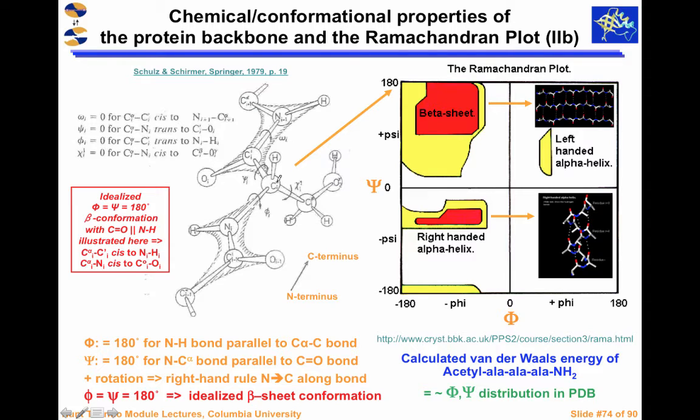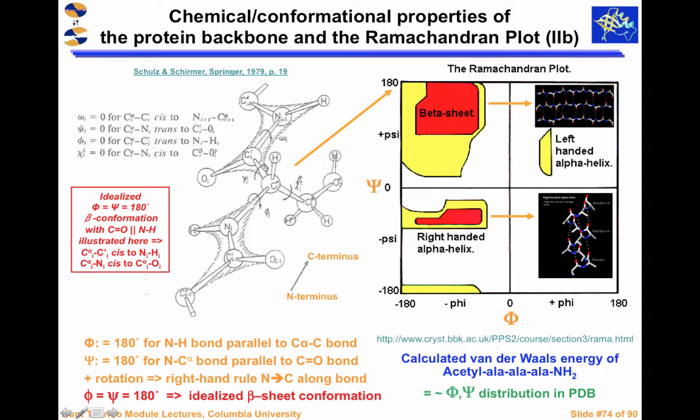If we're looking down the barrel of this bond and NH is horizontally pointing to the left, in the trans position the C alpha C would be pointing horizontally to the right, and then we can just read off the angle by looking at the rotation relative to that horizontal position. We're talking about the right-hand rule. So a positive rotation would bring, from that orientation, the C alpha C bond sort of rotating down.